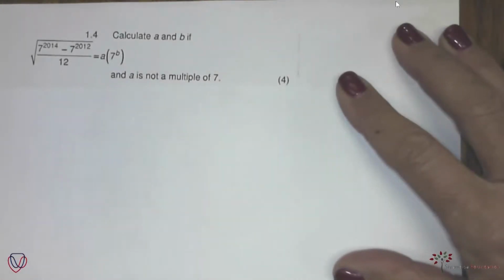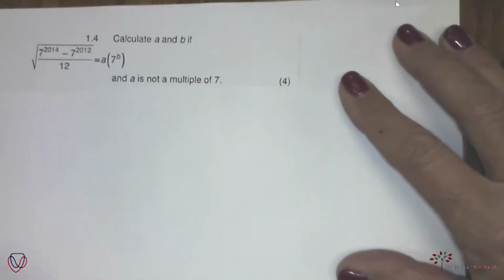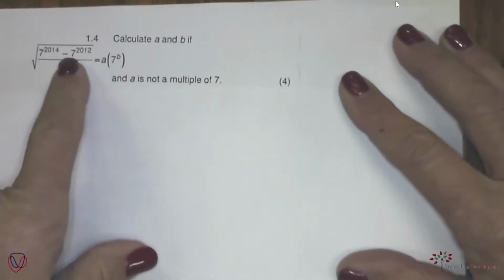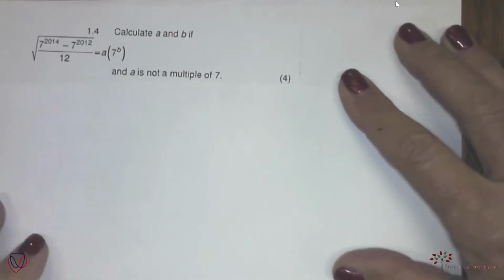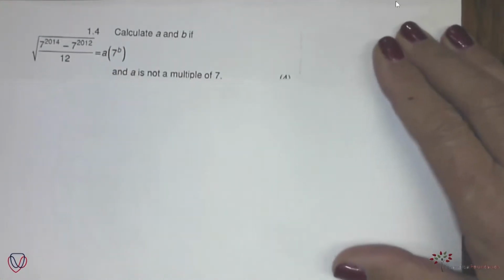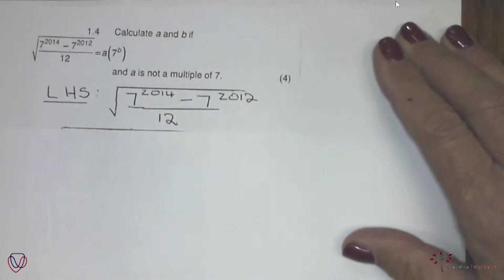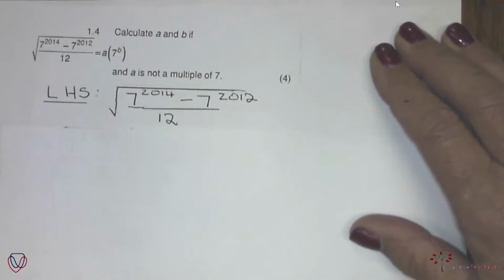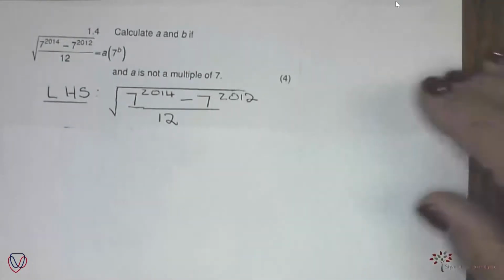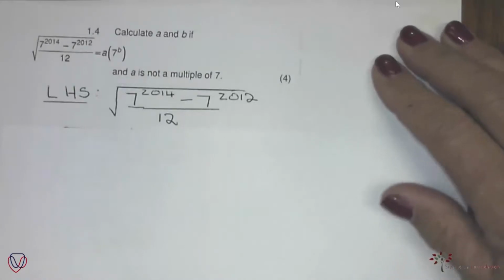Now, what do you remember about exponents? If you've got a positive or a negative there, you can always take out a common factor. So let's see whether we can take out a common factor. Left-hand side, I rewrote it there. Don't be afraid to show all your steps. Sometimes in the easier sums, I skip a step or two because you are supposed to know it.